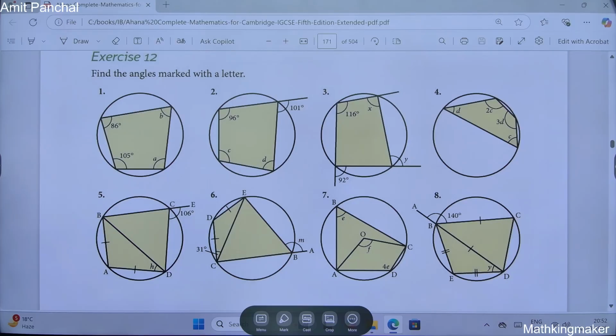Okay, right. 75, you're right. For 84, don't be in a hurry here.